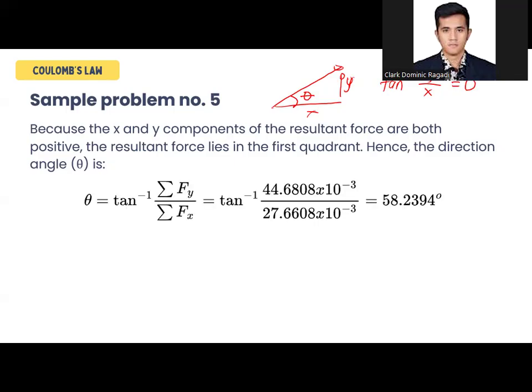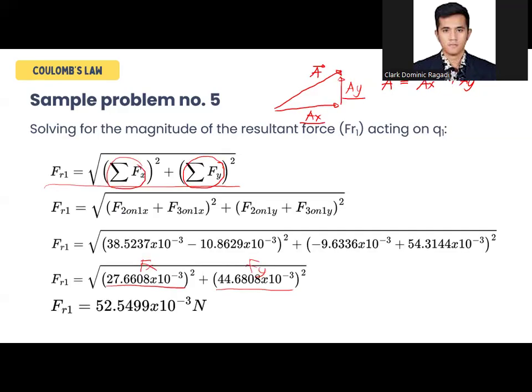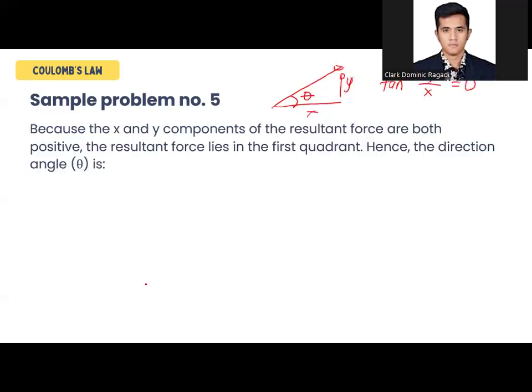We just plug in the values for the summation of forces along y and the summation of forces along x. By the way, we got those using these values here. Let's go back.